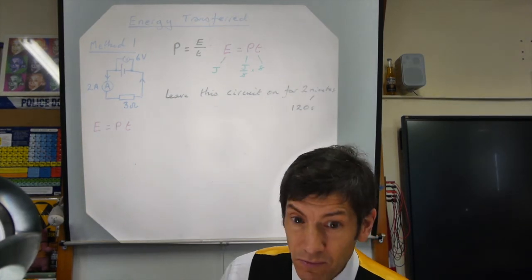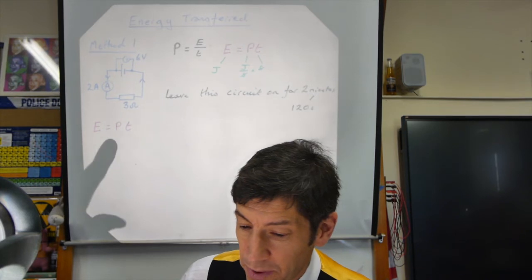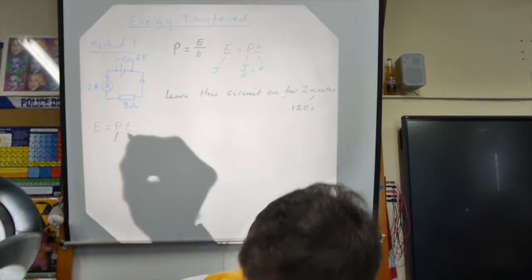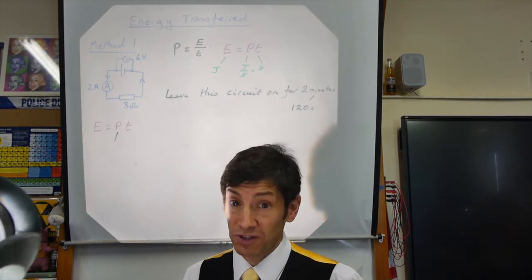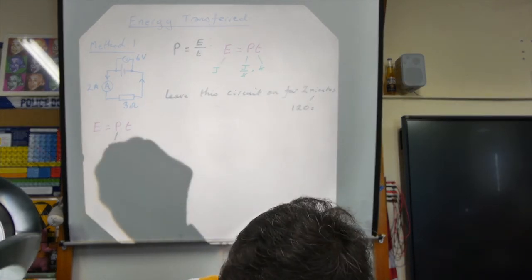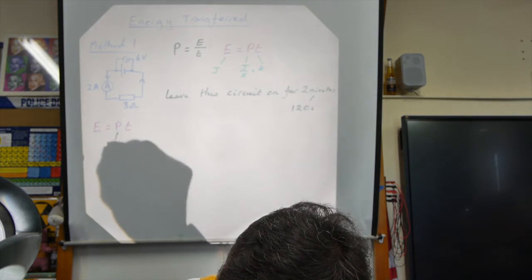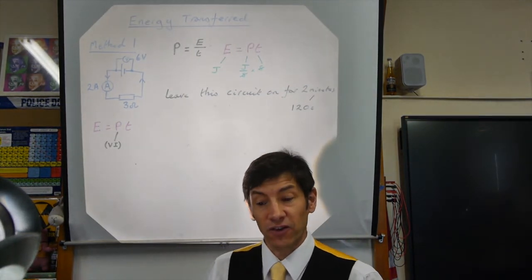We also know, by the way, it's worth pointing out that power, if you remember, is volts times amps, or more correctly, potential difference times current. So don't forget that that is VI if you need to calculate the power in the circuit first.